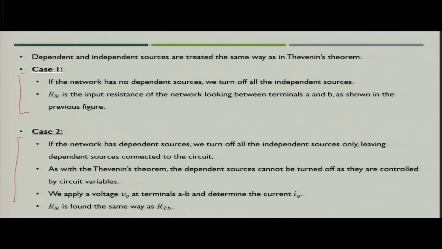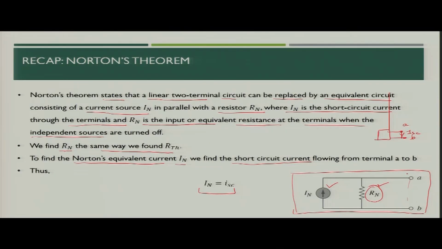In case 1, if the network has no dependent source, we turn off all the independent sources, and R n would be the input resistance of the network looking between the terminals A and B. As we saw in the previous figure, when you look through these two terminals, the resistance you see would be the Norton's resistance.